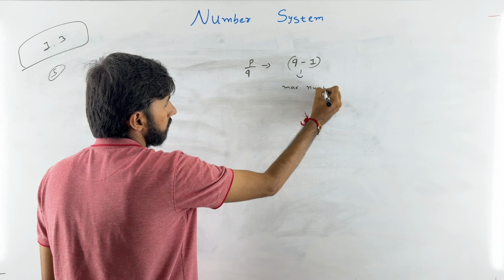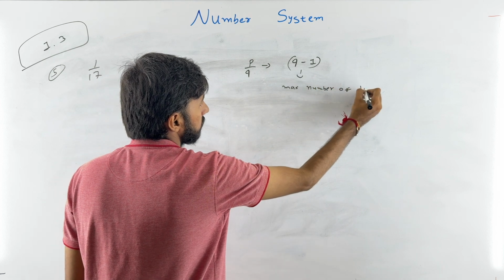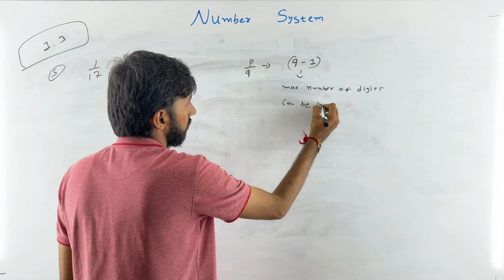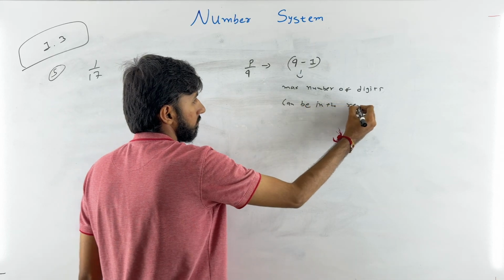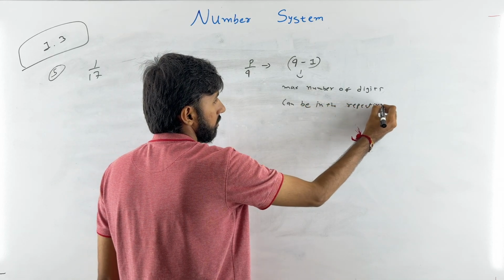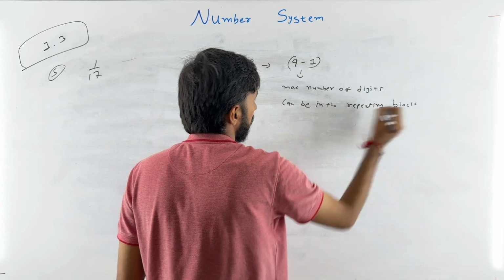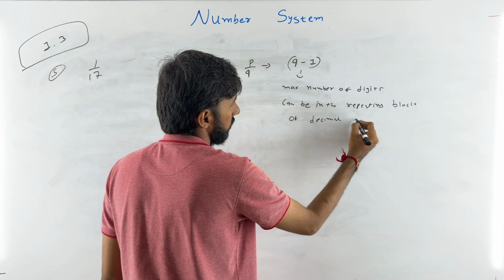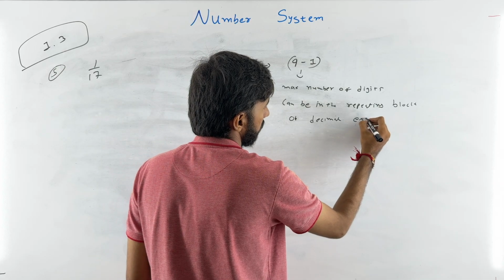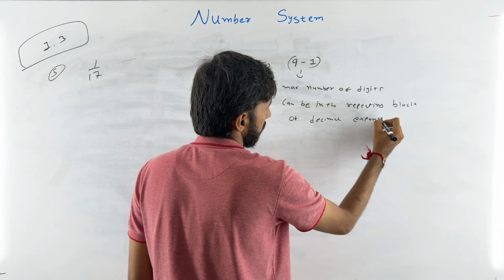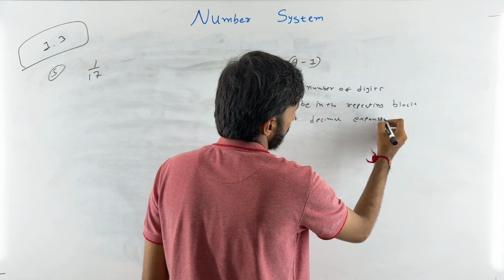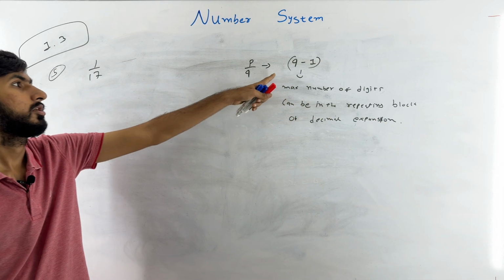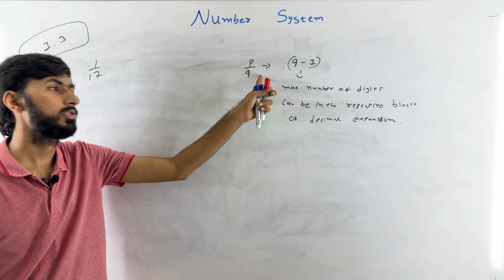So the answer will be q minus 1, where q is the denominator.